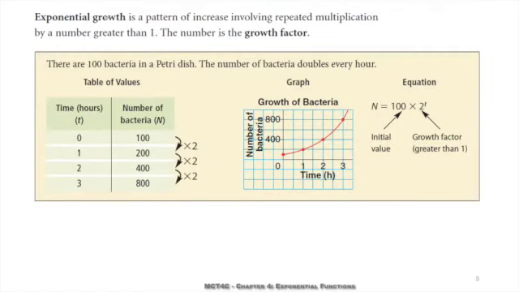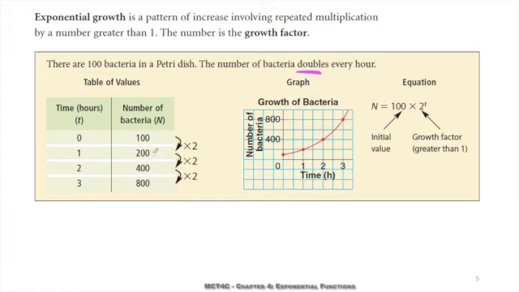Another type of example you could be asked is: there are 100 bacteria in a petri dish. The number of bacteria doubles every hour. You could be asked to represent it in a table of values, as a graph, or as an equation. If you have the table of values, the time starts at 0 and your number of bacteria starts at 100. Because it doubles, you multiply by 2 each time.